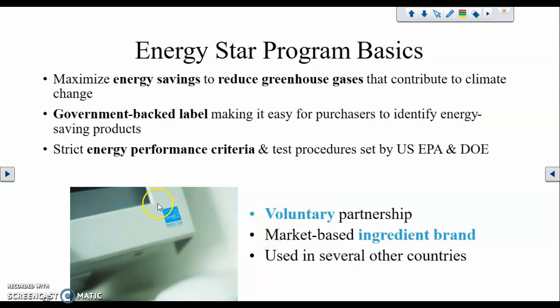So it's not mandatory for all manufacturers of computers or LED light bulbs to be Energy Star certified, but they can be. All they're doing is checking to make sure that your product is energy efficient compared to the average product on the actual market.